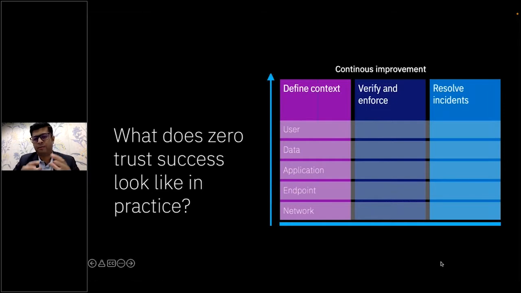And then once you look at the entire context for each of these elements, you basically verify and then enforce it. And then once you enforce it, you do the analysis and then resolve those incidents, right? And this requires continuous improvement, in terms of looking at it holistically for each of these elements.